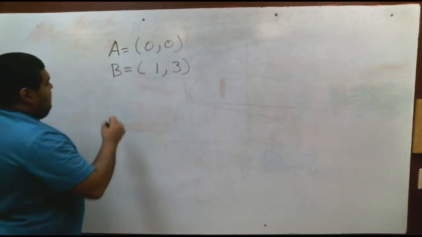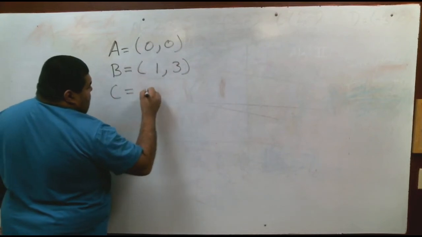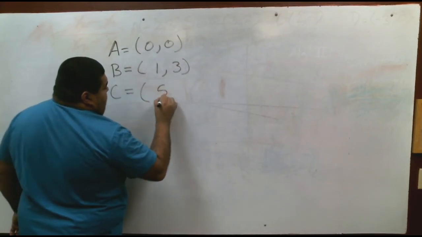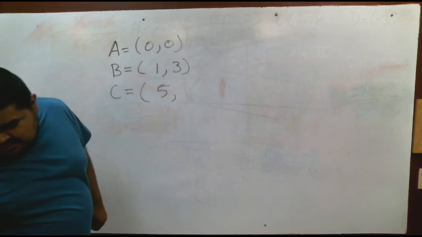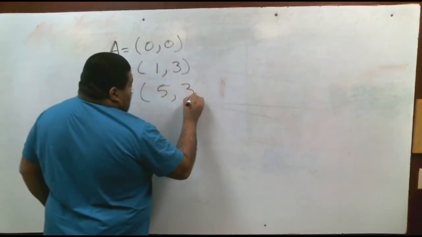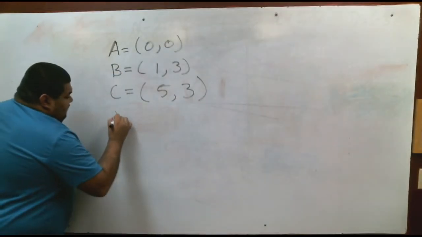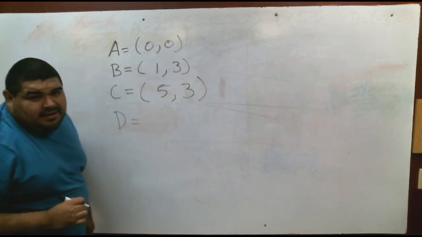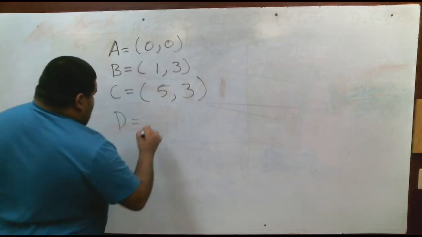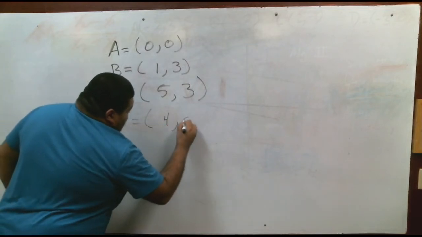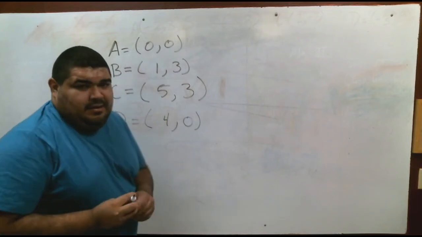Then C is at 5, comma, 3, and D is located at 4, comma, 0, okay?